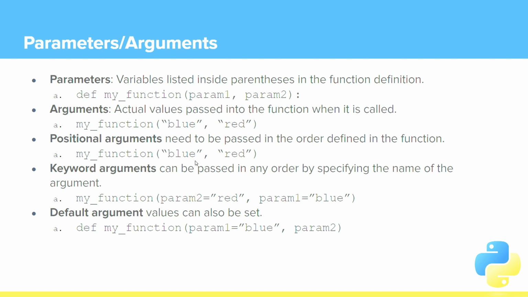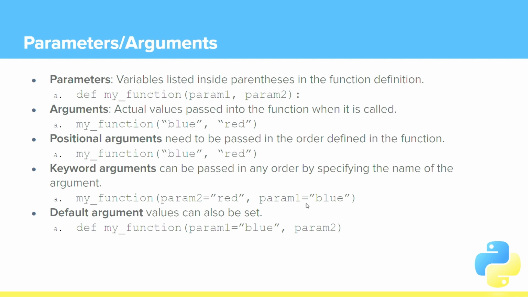We'll just say, okay, the first value will always be this, the second value will always be this. Keyword arguments is where we can pass these arguments in any order by specifying the name of the argument. So we're calling my function and we're saying explicitly param2, you will be red, the value of the string red.